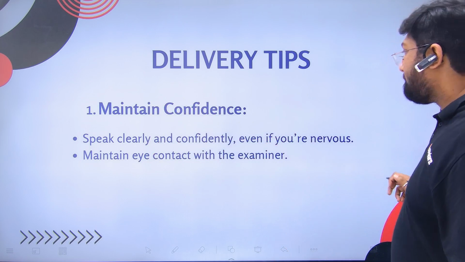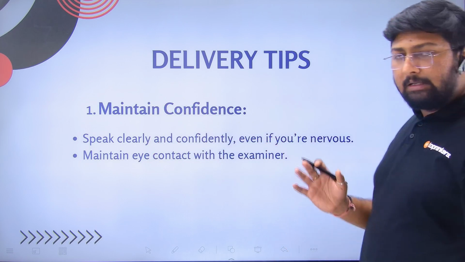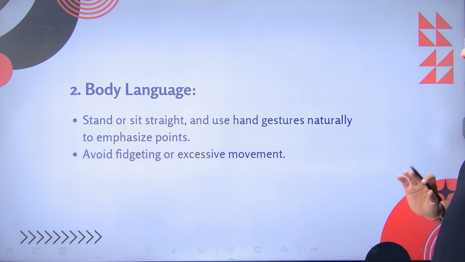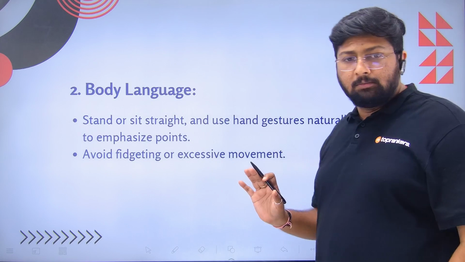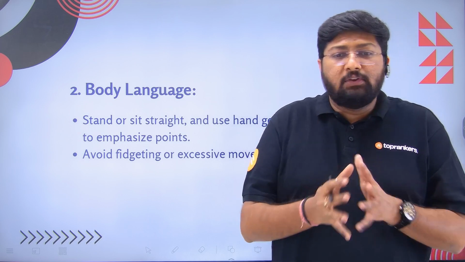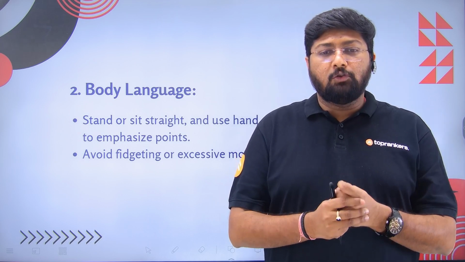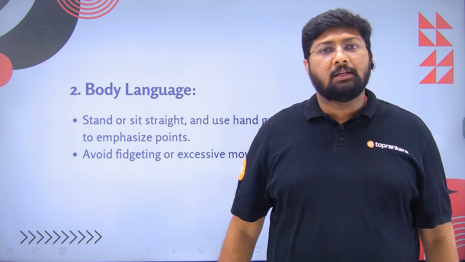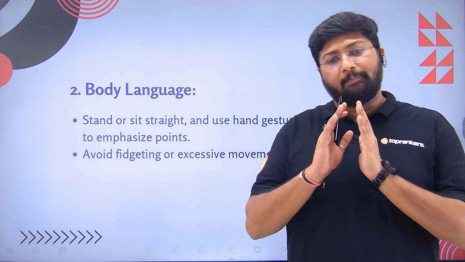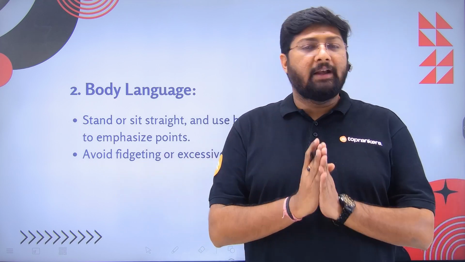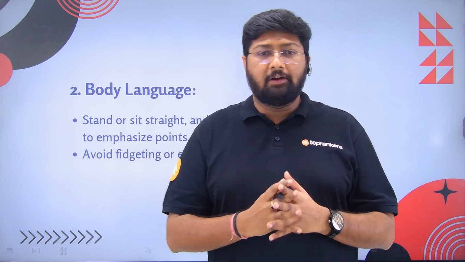Be very confident and speak very clearly. There is nothing to panic about in the micro presentation. Don't start fidgeting, cracking your knuckles, cracking your fingers. Be very calm, be very composed. Of course you'll have to stand at a particular place.